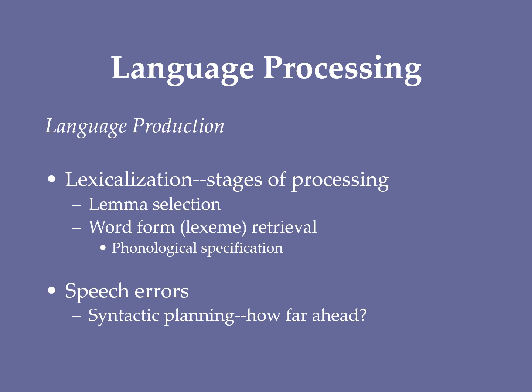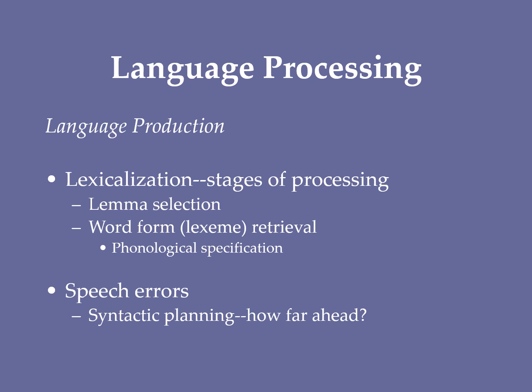During lemma selection, a semantically appropriate item is selected and is specified with respect to syntax, but not phonology. And during word form or lexeme retrieval, phonological specification occurs. So when the phonological features of the to-be-produced word become activated.